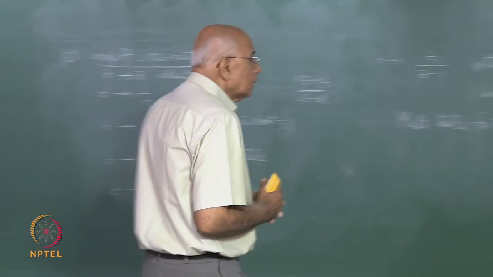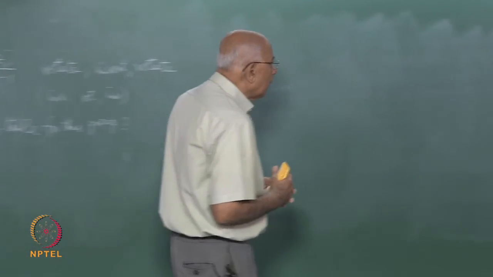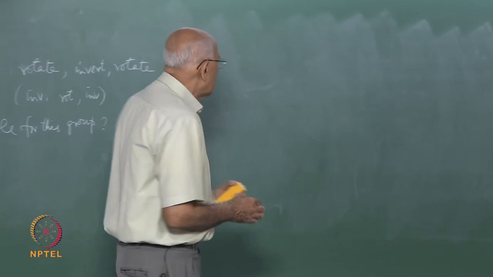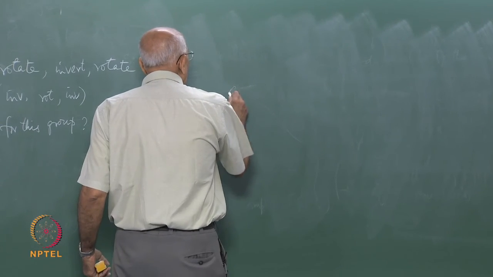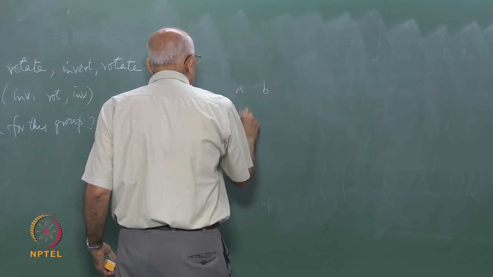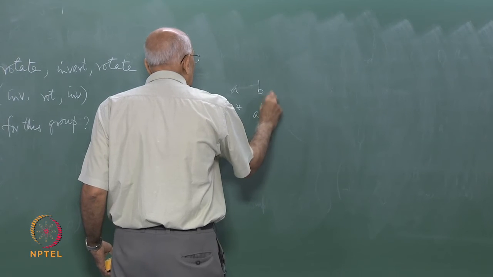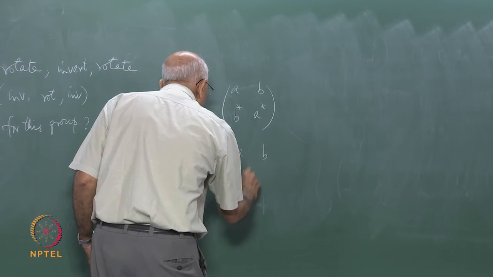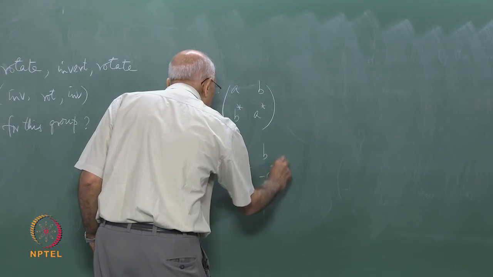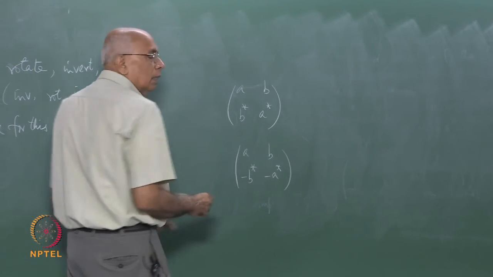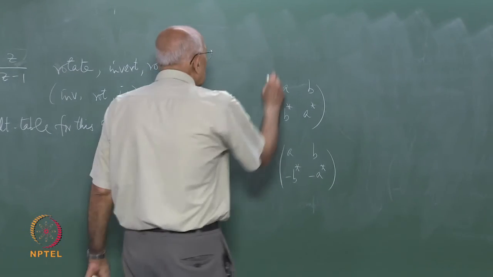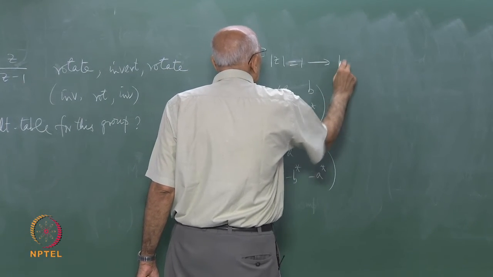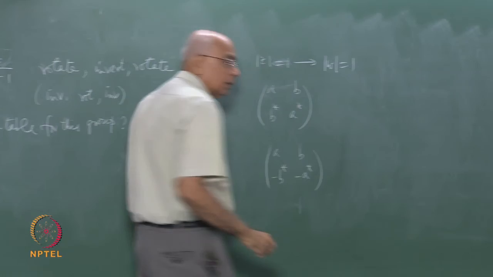Now one point which I forgot to make about the invariance group of the unit circle is the following: a transformation of the form (A, B; B star, A star), as opposed to a transformation of the form (A, B; minus B star, minus A star). Under both these transformations, remember that mod Z equal to 1 is mapped onto mod W equal to 1.